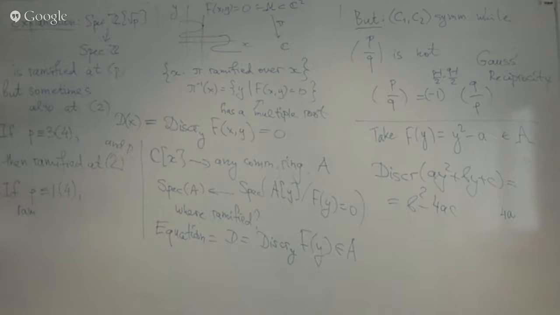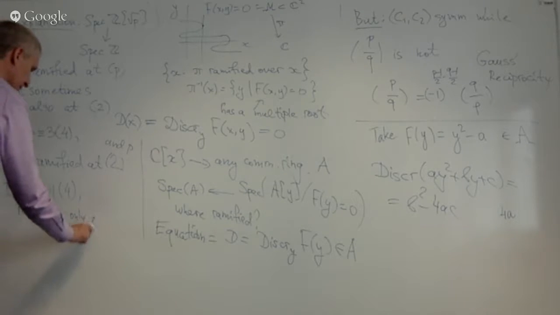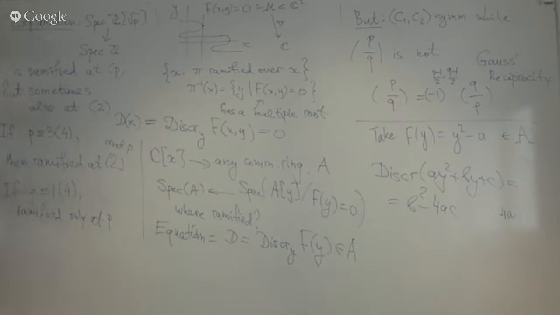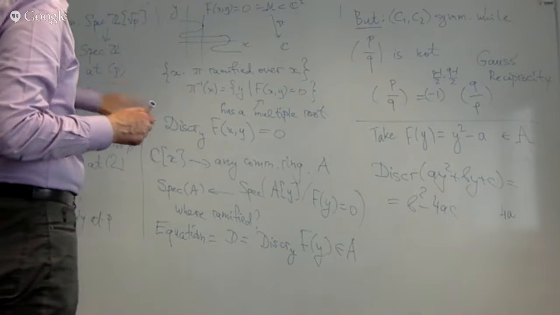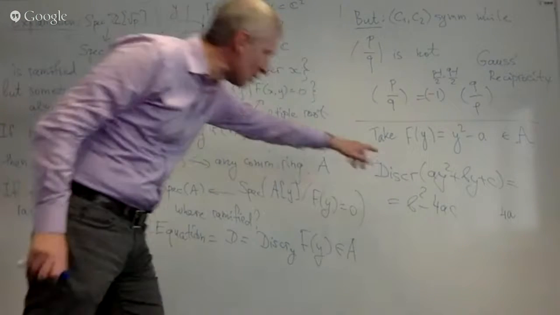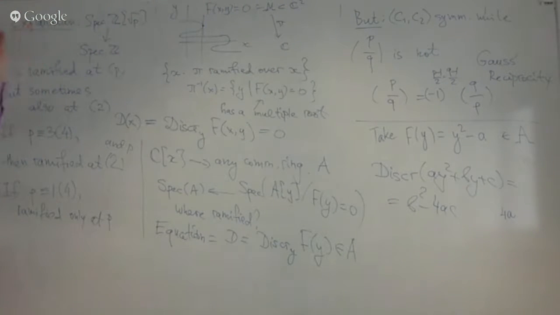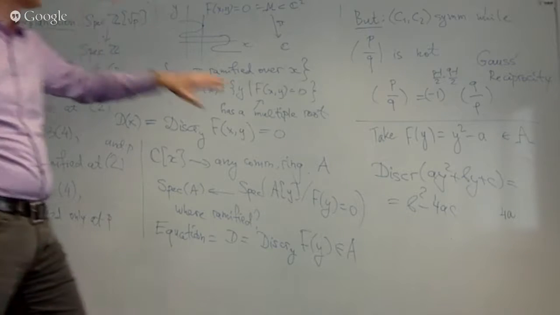So anyway, it's p equal to 1 mod 4, ramified only at p. One should explain how this formula works.